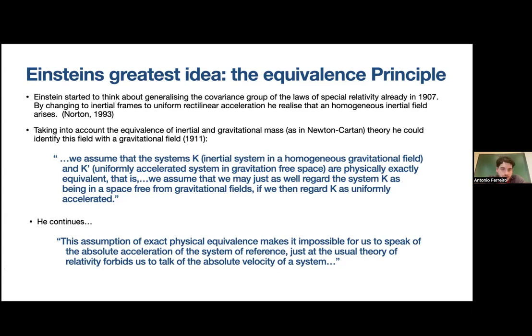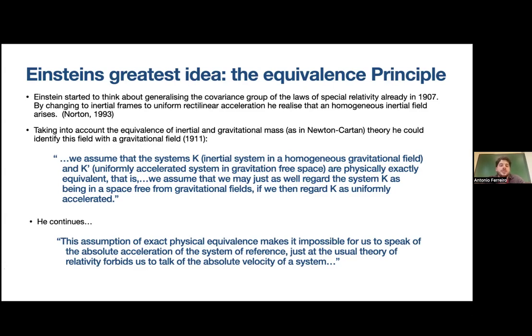So he states here: we assume that a system K, an inertial system in a homogeneous gravitational field, and K prime, a uniformly accelerated system in gravitational free space, are physically exactly equivalent. That is, we may just as well regard the system K as being a space free from gravitational fields if we then regard K as uniformly accelerated. So what he's stating here is basically the equivalence principle at its core.